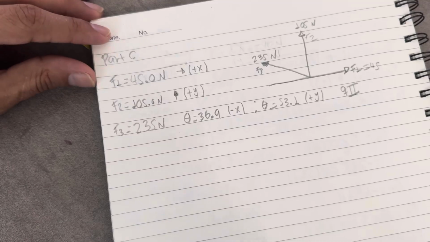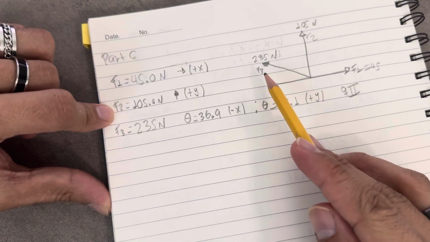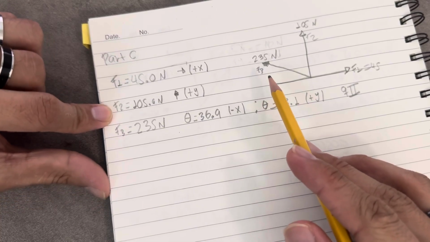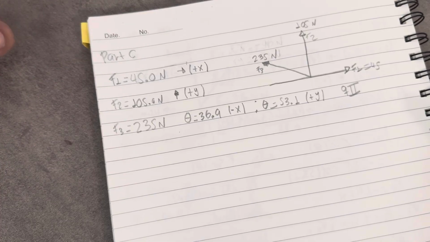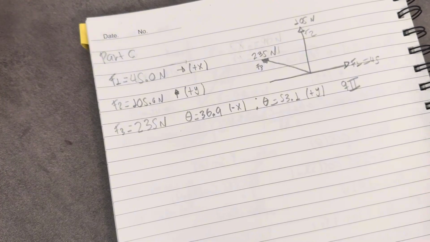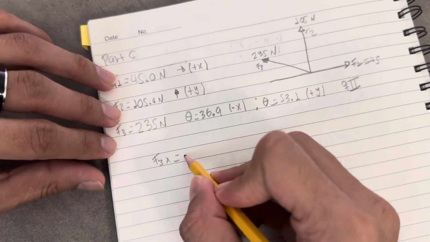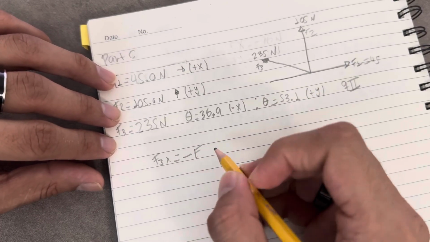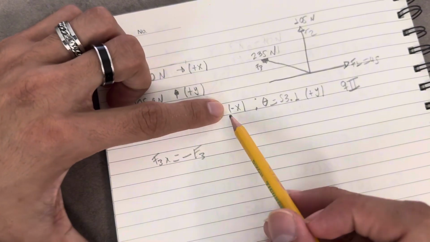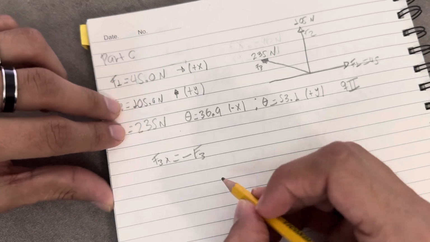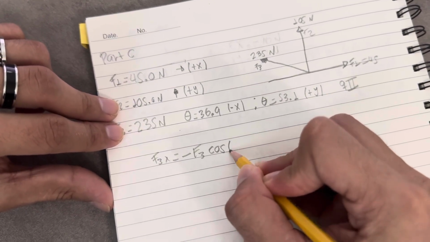So now we have to break down force number 3 to find the x component and y component. Since the angle is relative to the negative x-axis, we're gonna have F3x equal to minus force 3, because it's being applied to the negative x-axis, times cosine of the angle.